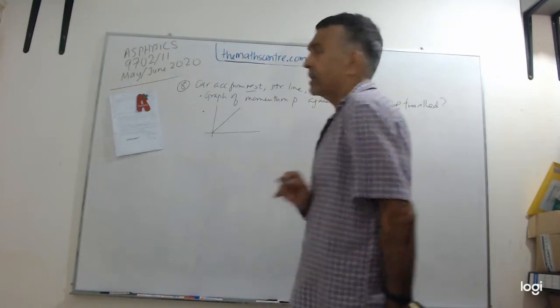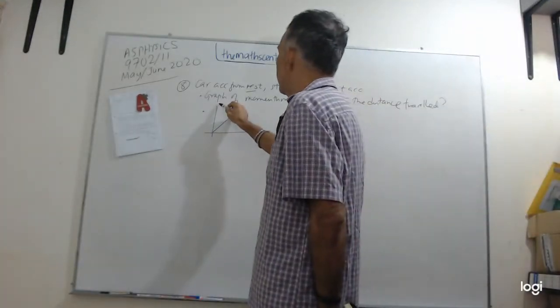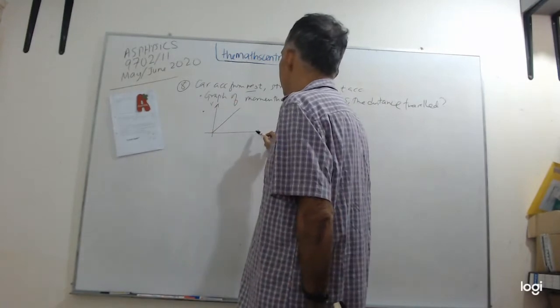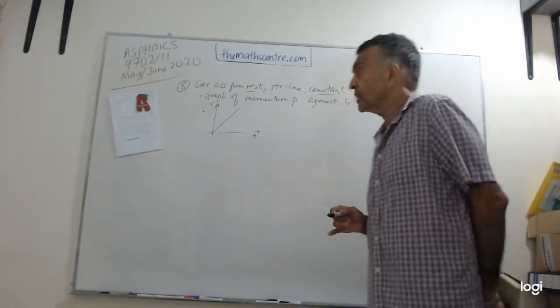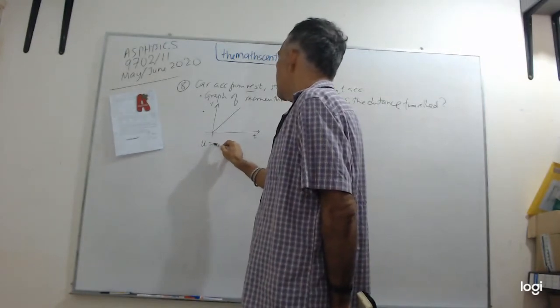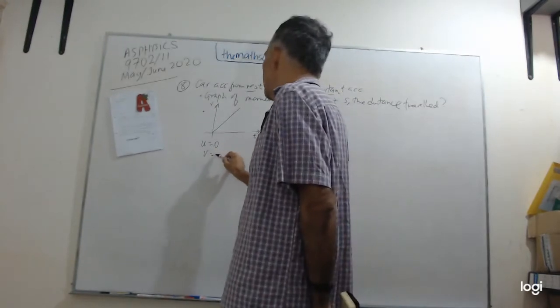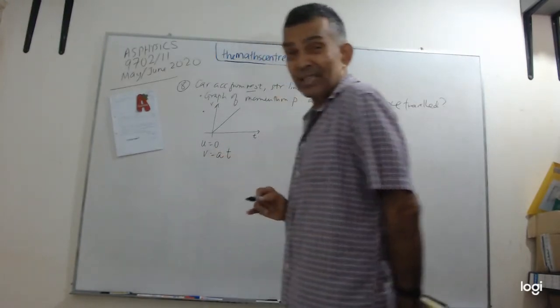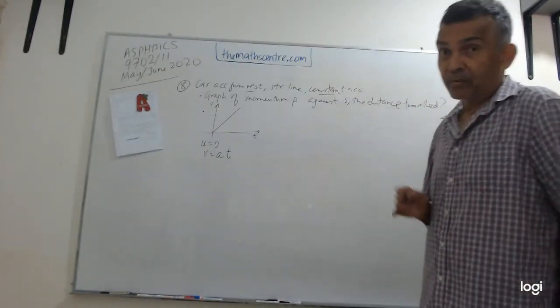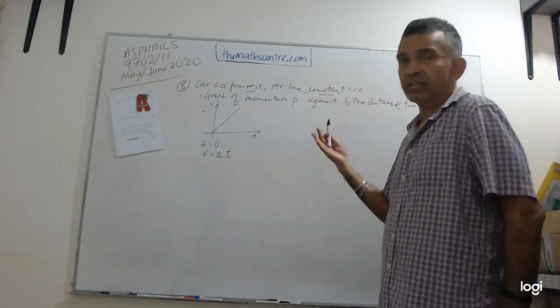So if we are sketching V against T, we know that U is 0, because it's accelerating from rest. So V equals AT. Remember, it's U plus AT, so U is 0, so it's just AT.